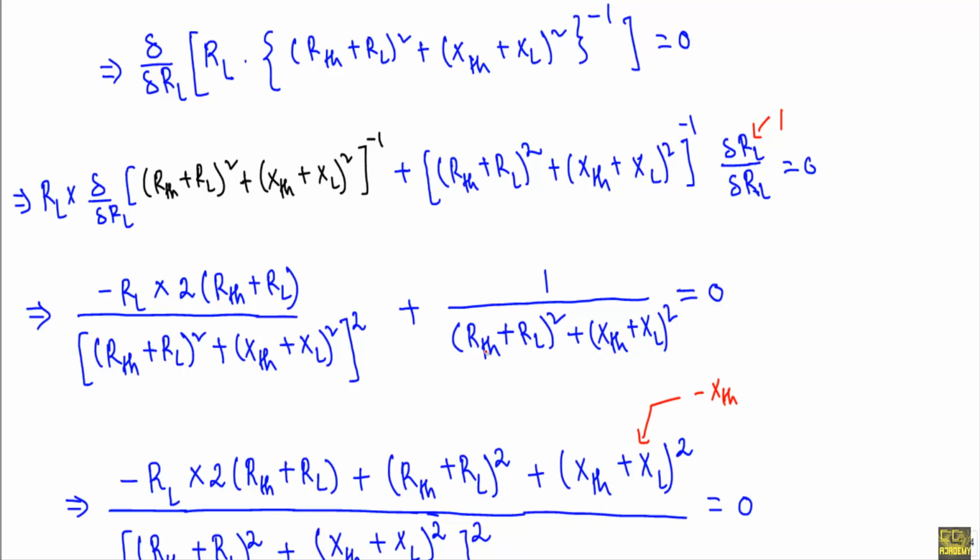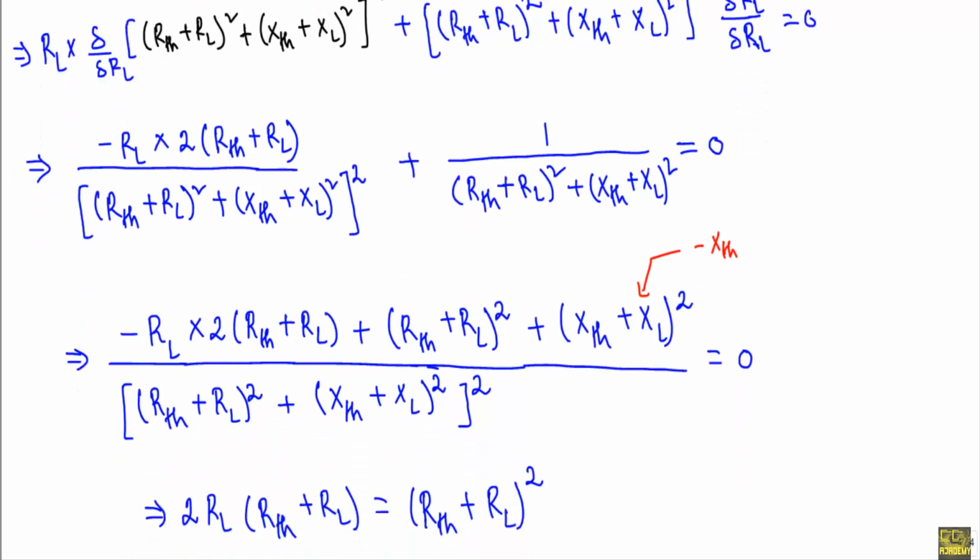Now see, if I take the LCM of these two terms, I will get minus RL into 2 RTH plus RL plus RTH plus RL whole square plus XTH plus XL whole square.